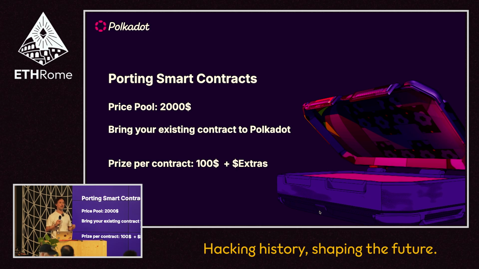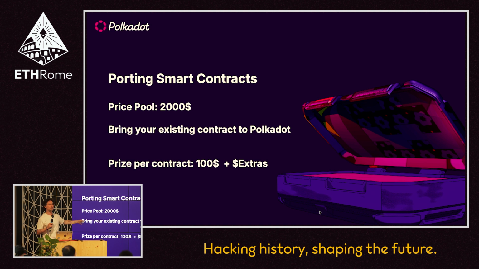We are trying to find more benchmark results for your favorite contracts, or the project that you would like to see in a different environment, and at the same time an introduction to the general environment that PVM is bringing. We have $1 USD per contract, plus some extra that is explained in the hacking guide.